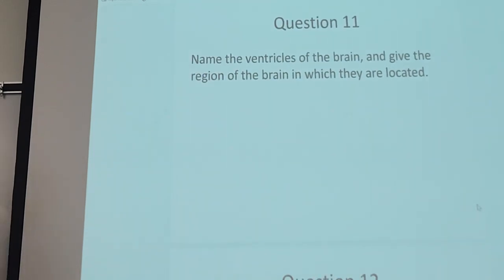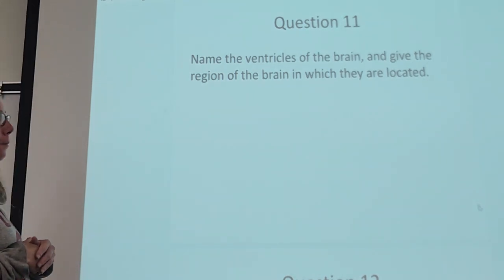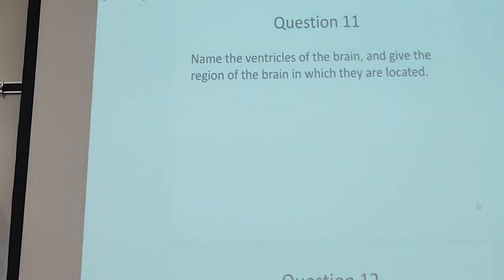Okay, name the ventricles of the brain and give the region of the brain in which they are located. You're starting first with the right and left lateral ventricles, and those are found in the right and left cerebral hemispheres. Then those connect through the interventricular foramen. The next ventricle in line is the third ventricle, and you find that around what structure?